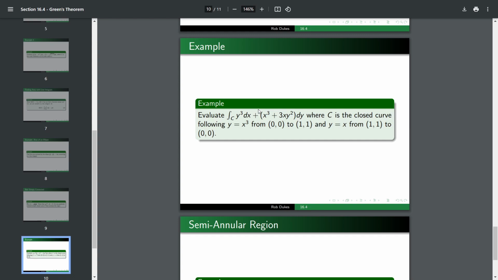So, let's evaluate the closed curve integral of y cubed dx plus x cubed plus 3xy squared dy following y equals x cubed from 0, 0 to 1, 1, and y equals x from 1, 1 to 0, 0. So, my region would look like this.